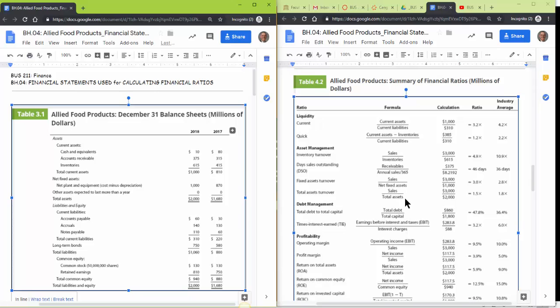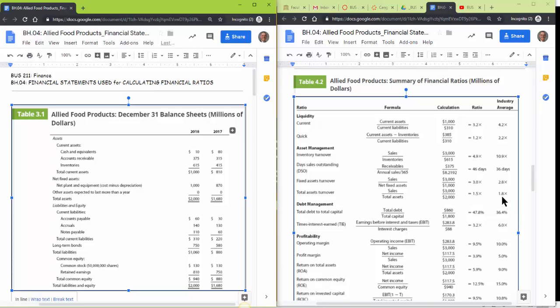Another measure of the effectiveness of the assets in generating sales is to examine the total assets, which includes the current assets as well as the plant, property, and equipment. So total sales divided by $2 billion of total assets means every dollar of total assets has the wherewithal to generate $1.50 of sales.